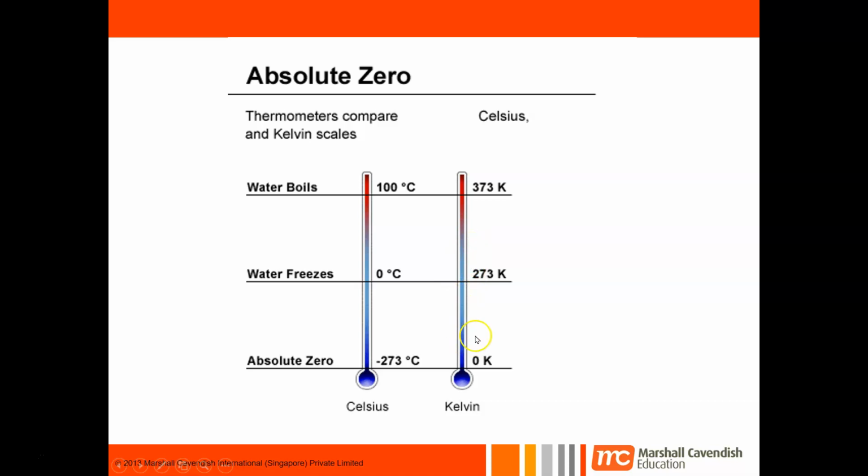Don't worry about all these numbers, but 273 is something that you can convert easily on Google. If you want to find out what 0 degrees Celsius is in Kelvin, just go to Google and it's all there for you.